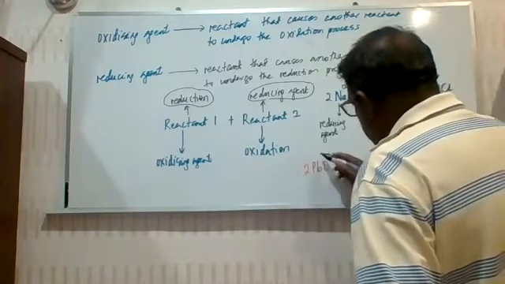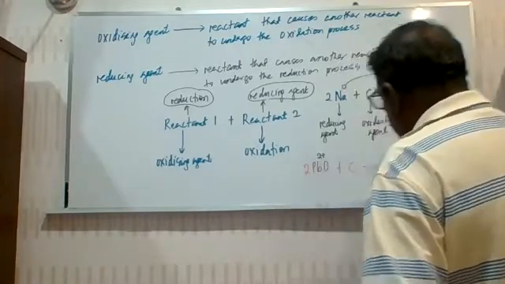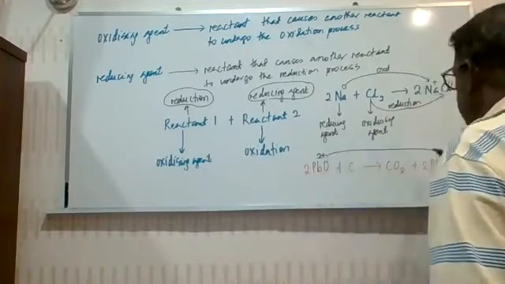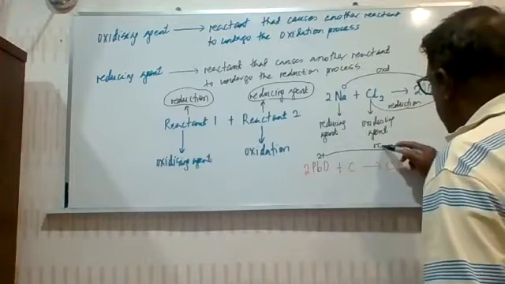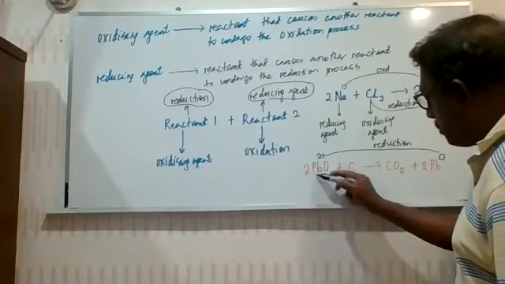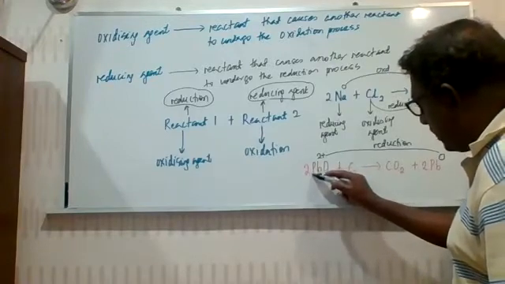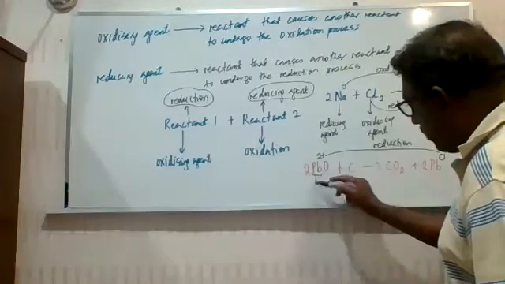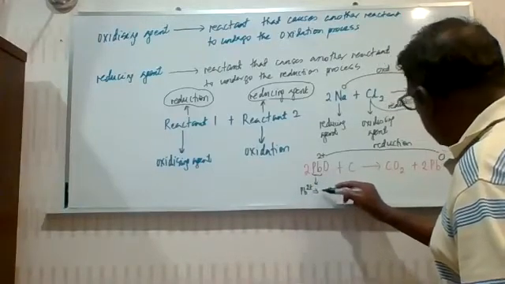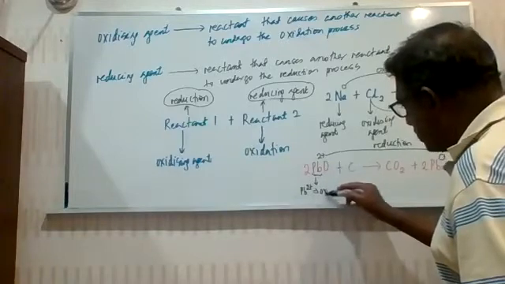That's the easiest. Look at the oxidation state. Here your Pb has an oxidation state of 2 plus, and here your Pb has an oxidation state of 0. This shows that it has undergone reduction. Since your Pb2 plus has undergone reduction, therefore your Pb2 plus must be the oxidizing agent.